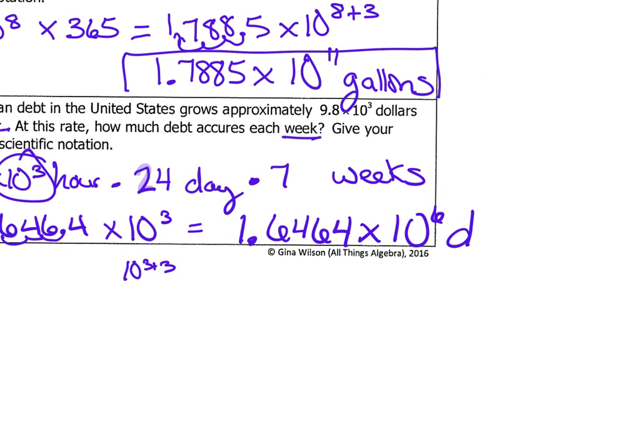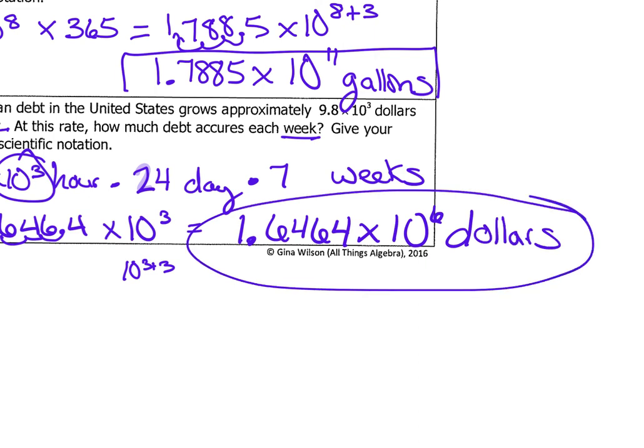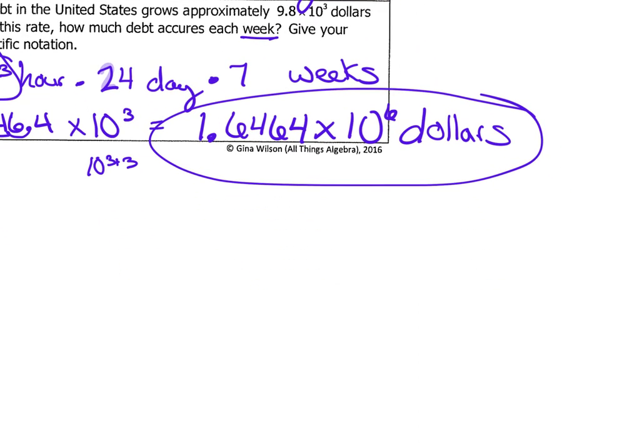No. Days? No. Hours? Dollars. That's our debt. Holy cow. So in a week, I want to see what that looks like in standard form because I'm a geek, right? 1, 6, 4, so that's $1,646,400.